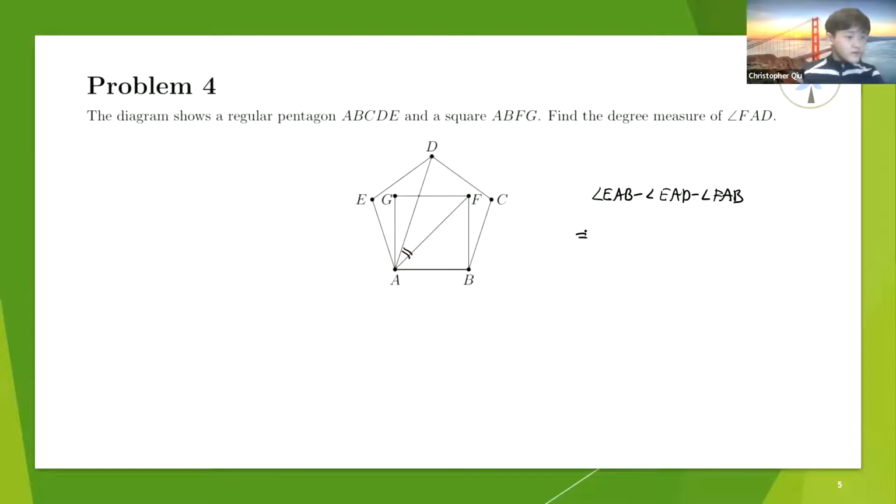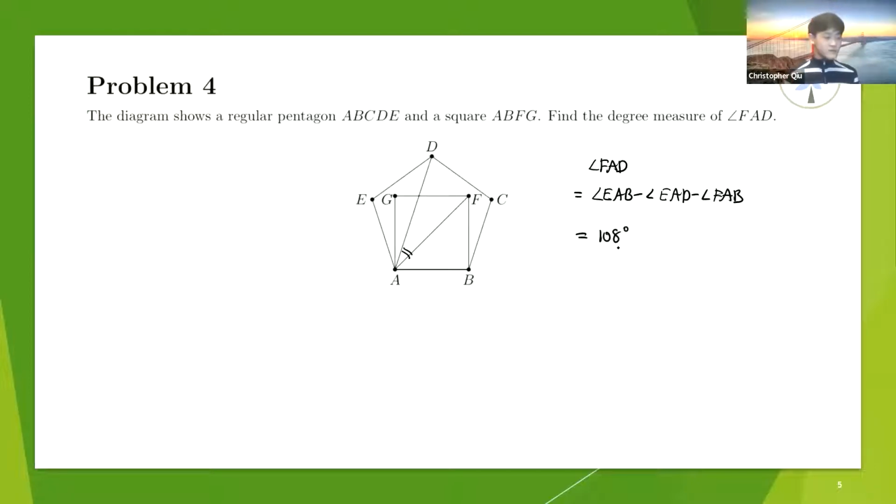And since we know the angle measures of the regular pentagon, as well as the square, each of these angles are pretty easy to compute. So first, angle EAB is just an internal angle of this regular pentagon. And probably many of you have already memorized this angle to be 108 degrees.